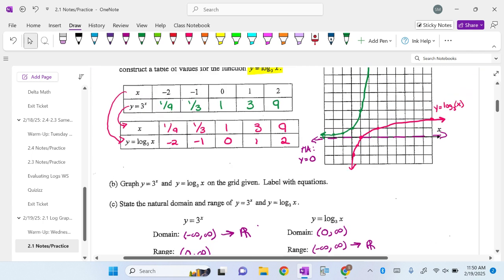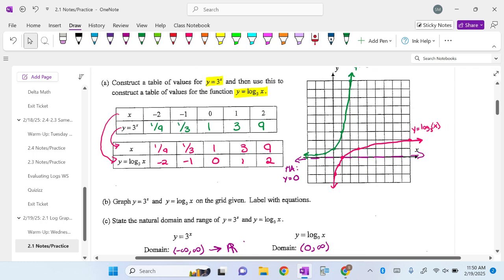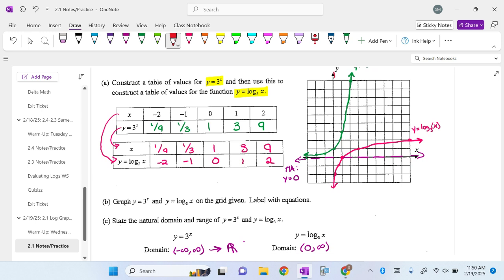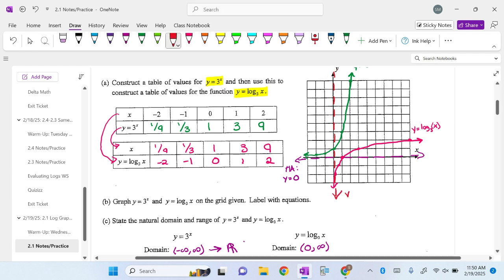So logarithms typically have vertical asymptotes, or lines that they never cross, which is why our domain gets affected with logarithms. So this invisible line right here is our vertical asymptote for the logarithm, and it's at x equals 0.